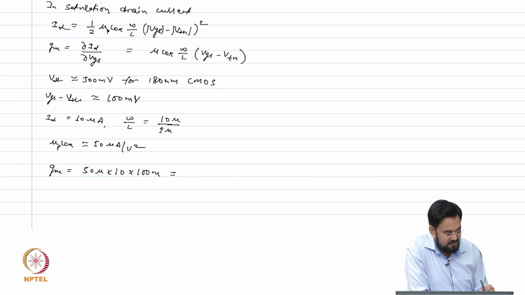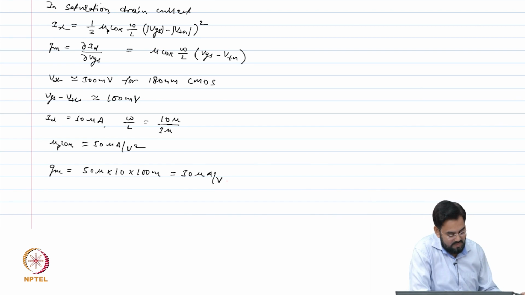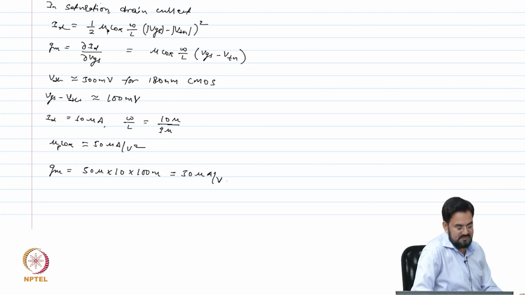So, this is 50 micro, this is 10 and this is 100 milli, which is 0.1. So GM is 50 micro Siemens or ampere per volt, correct.